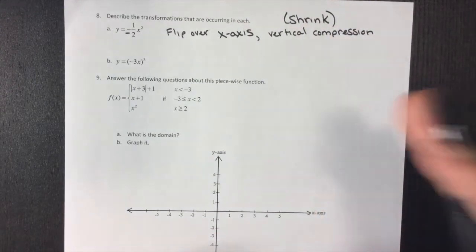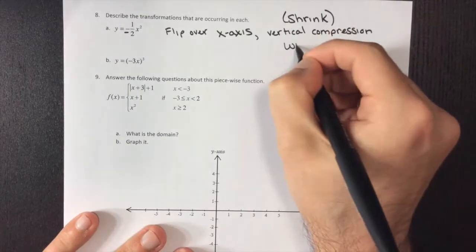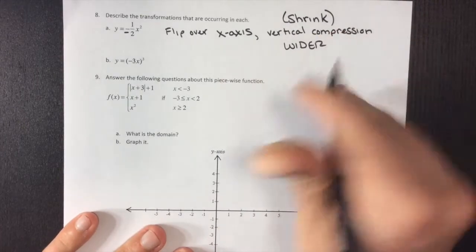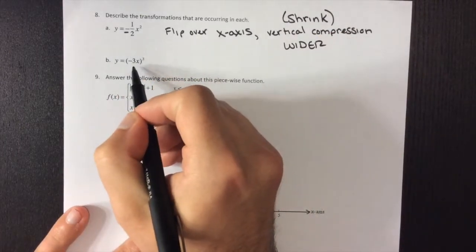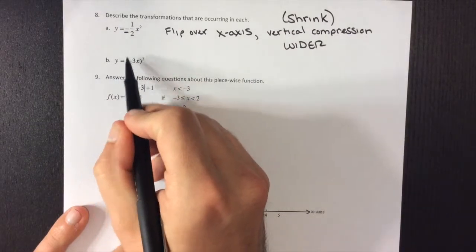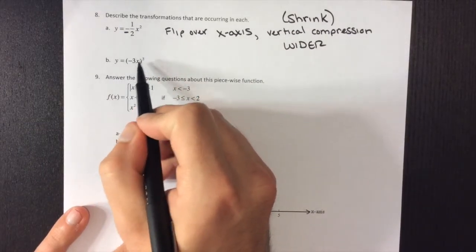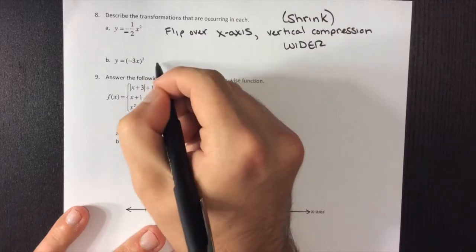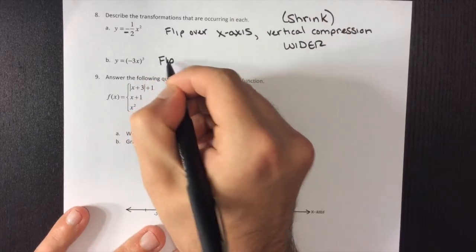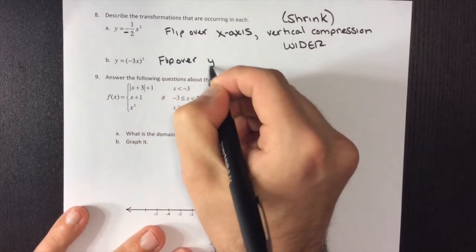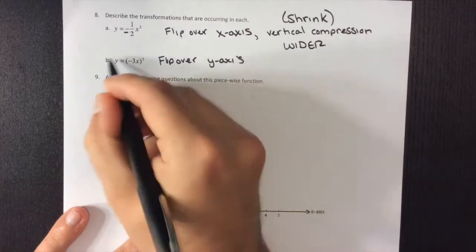So it's a vertical shrink, which means it's wider. So here, if I look at y equals negative 3x cubed, I have a flip over the y-axis because that negative is on the inside.